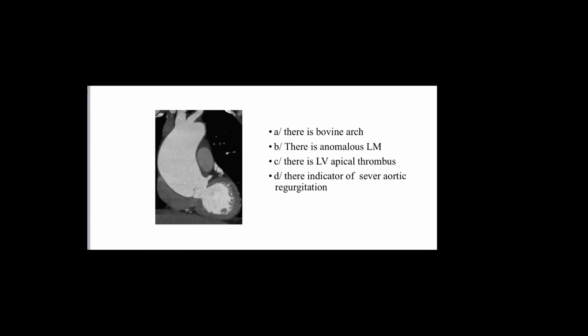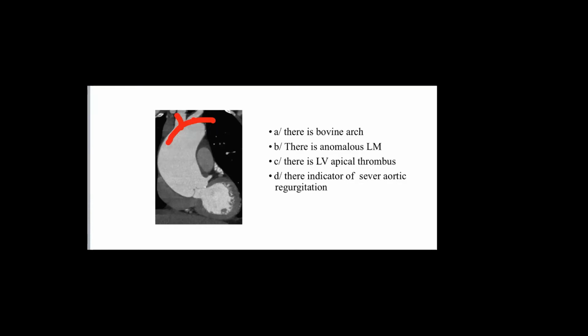Bovine arch means what? Normally, if the arch is starting here, the first branch is the brachiocephalic or innominate, which divides into the right common carotid artery and right subclavian.